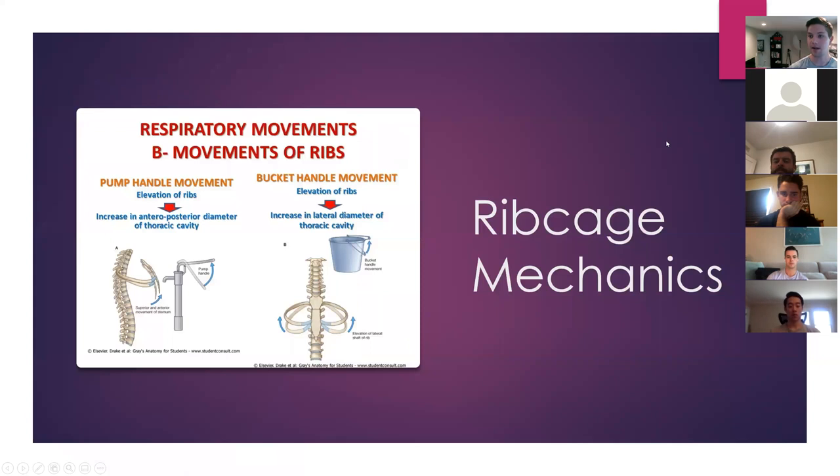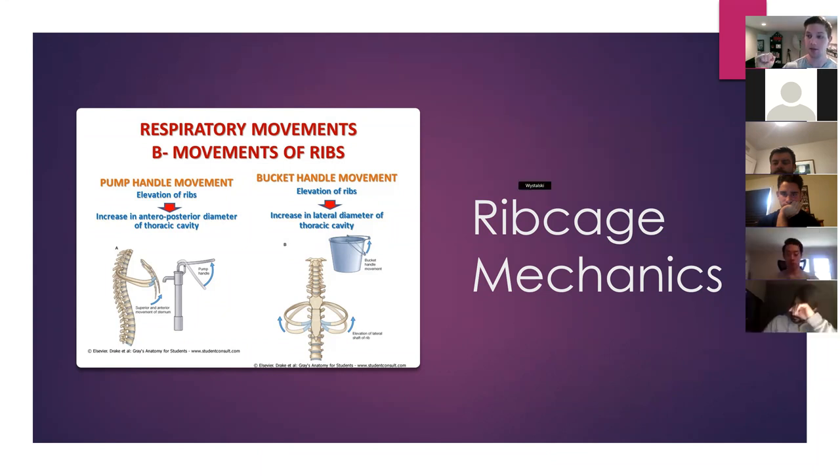Rib cage mechanics, we have two different types. We have our upper ribs and we have our lower ribs. Generally speaking, our upper ribs are being defined as the pump handle ribs. This is ribs 1 through 7, and this is going to operate like a pump handle, meaning the pump handle goes forward as we inhale and it comes backward as we exhale. As we go lower than that, beyond rib 8, that's going to be bucket handle.